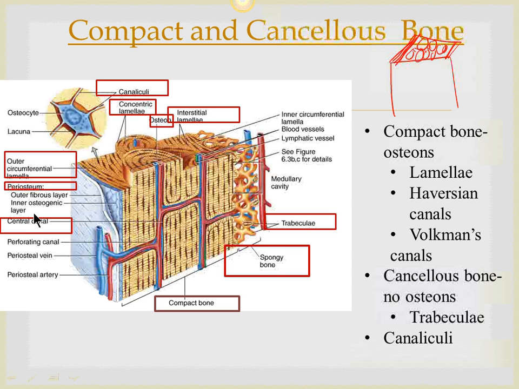You can see here it has two layers, and what I want you to pay attention to is the inner osteogenic layer. This periosteum actually has cells inside it. These cells are like stem cells. If bone ever gets fractured, the fracture heals from cells which come from the periosteum. So it has cells which can provide growth and repair, the periosteum.